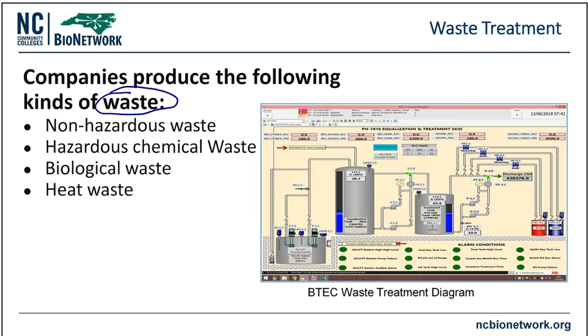So there's different types of waste, as you can imagine. Of course there is. There's non-hazardous waste, and then there's hazardous waste, and then there's biological waste, and then there's heat waste. So there's different ways that we handle each type of these scenarios and classifications. As you can imagine, non-hazardous waste, that would be kind of like you at your house.